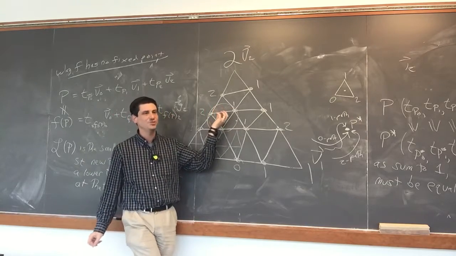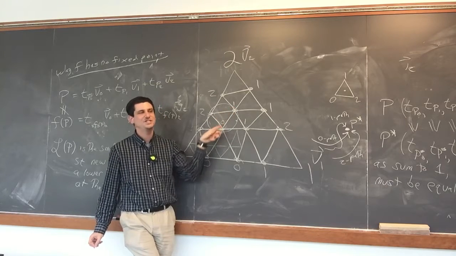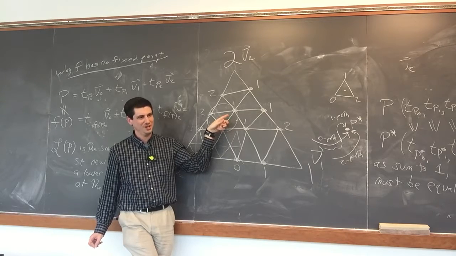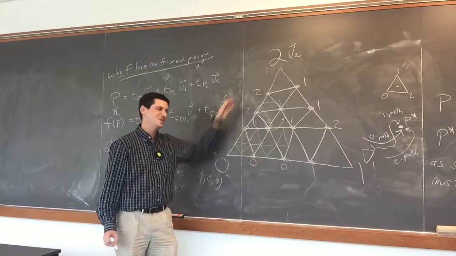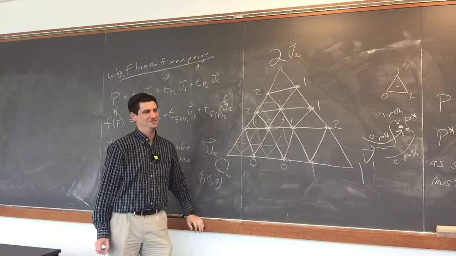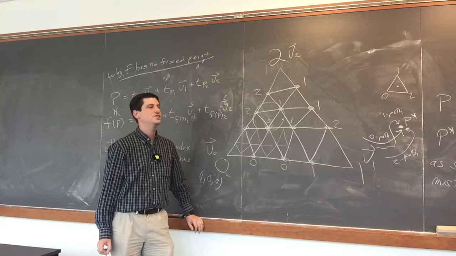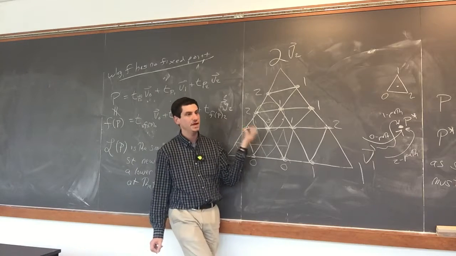We can't subdivide the 0, 1, 2 triangle because we don't know that all the labels down here have to be 0, 1. That's what's so annoying about this, is you have to go back to the original triangle and subdivide the original triangle. And then you'll get points that are closer and closer and closer, but it may not be a fixed point. So in terms of practicality, this is bad.